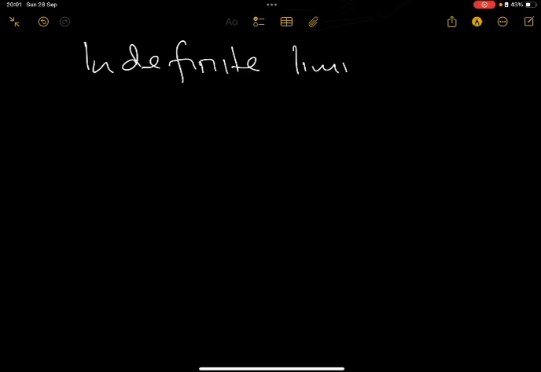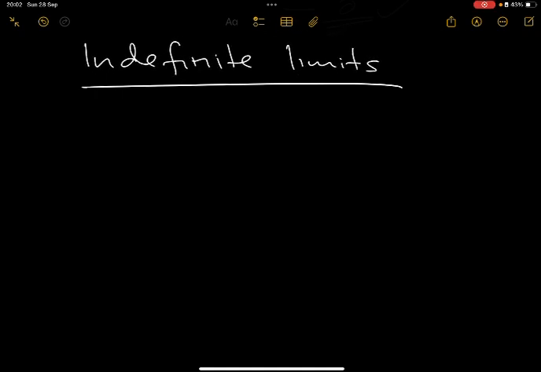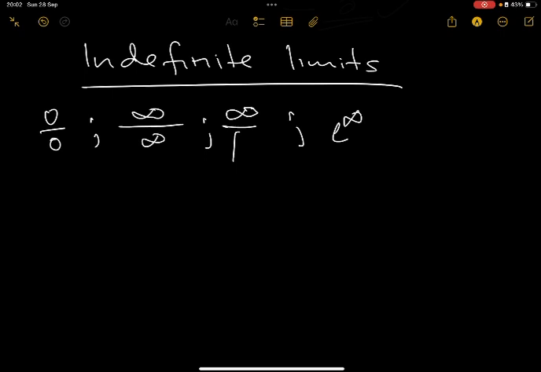The indefinite limits are limits that when you substitute, you get something like 0 over 0, infinity over infinity, infinity over 1, something like e to the infinity, etc. There are no such answers.